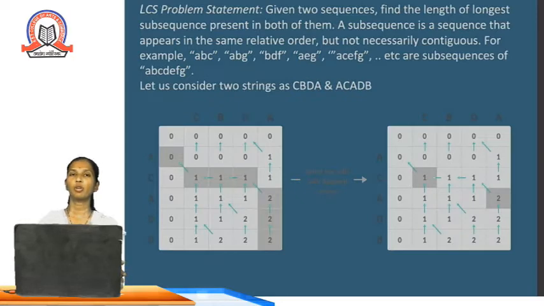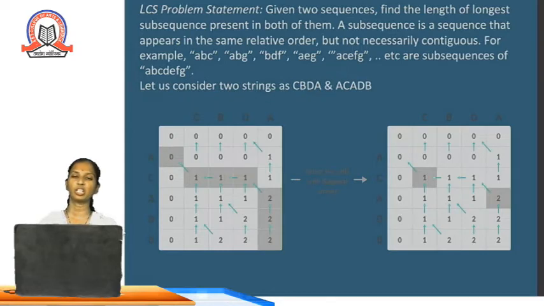Somewhere we say that we want to find a substring of a string, but out here we are supposed to find what is common between the two strings, and how it should be common is that it should be a subsequence. A subsequence is a sequence that appears in the same relative order, but not necessarily continuous.